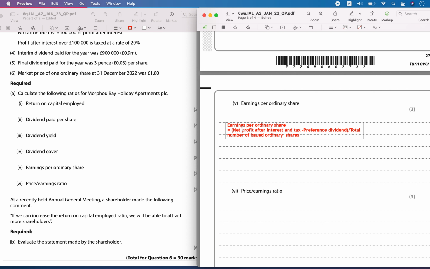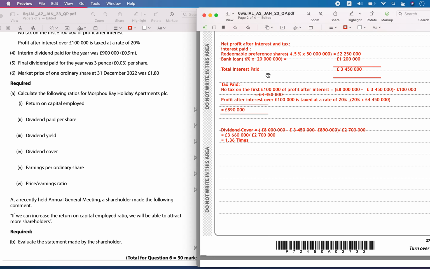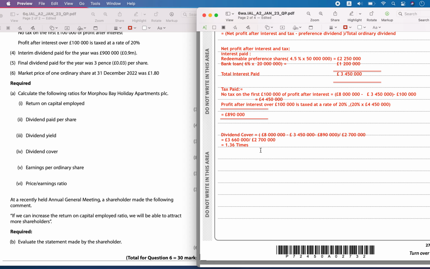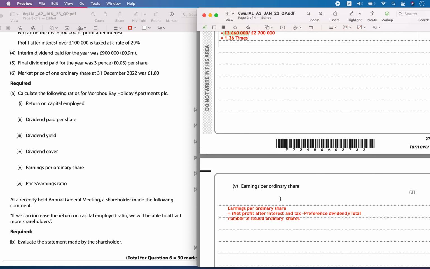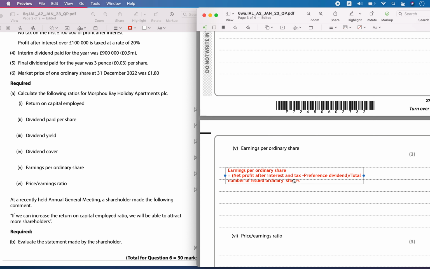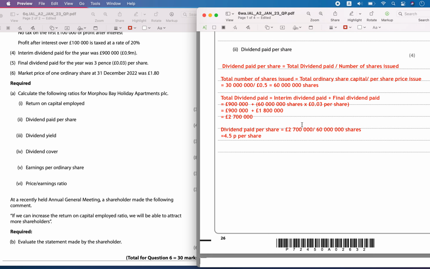Now we know that the net profit after the interest, tax and preference dividend we had calculated in the previous question is 3,660,000. That is divided by the total number of ordinary shares.